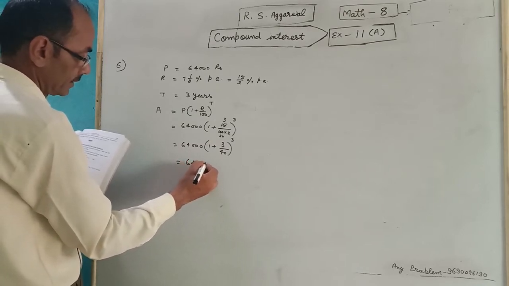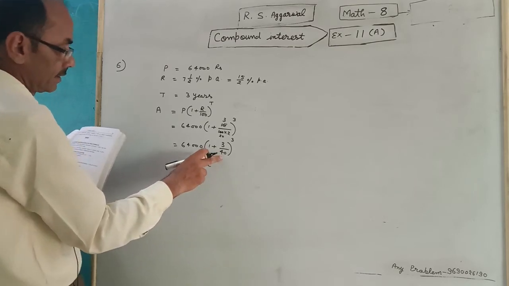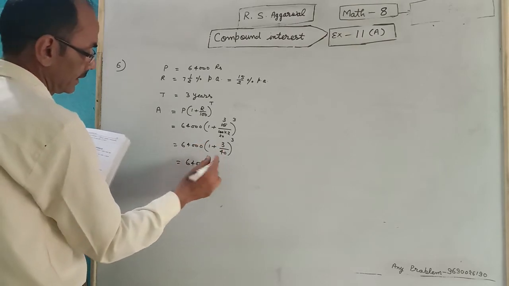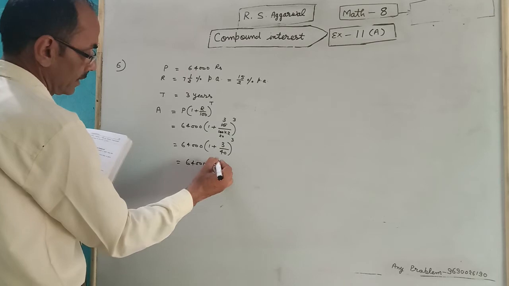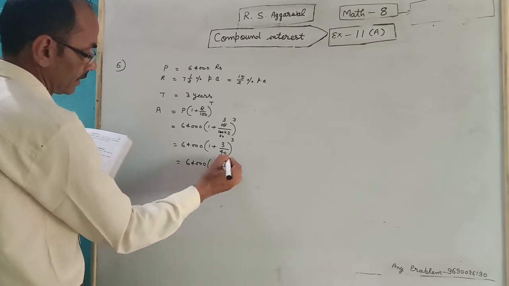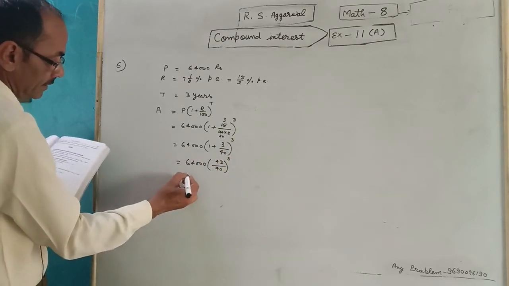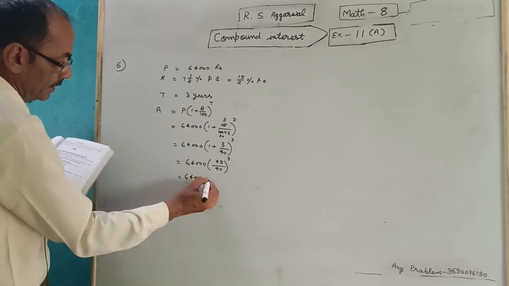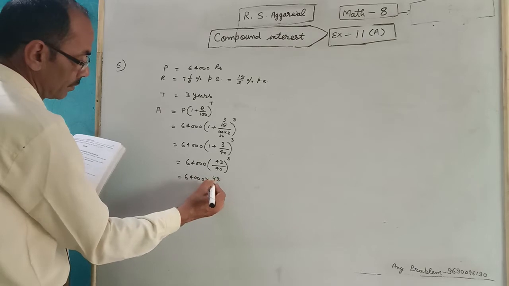64,000 bracket, 30 40 1 ja 40 plus 3 is 43, 43/40 power as 3. 64,000 into 43/40.